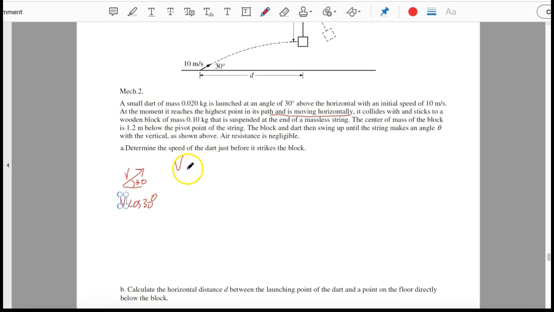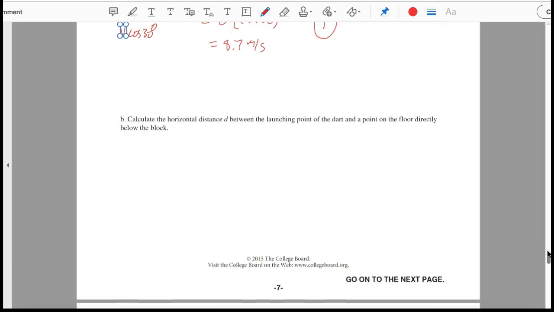So the velocity in the x direction is equal to the original velocity times the cosine of 30. Our original velocity is 10 meters per second. We're going to multiply that times the cosine of 30, and we end up with 8.7 meters per second. So it's pretty easy. All that work is worth 1 point. You need that, though, for the rest of the problem.